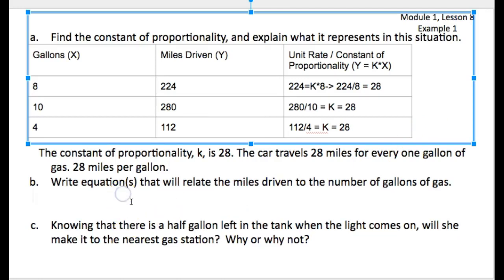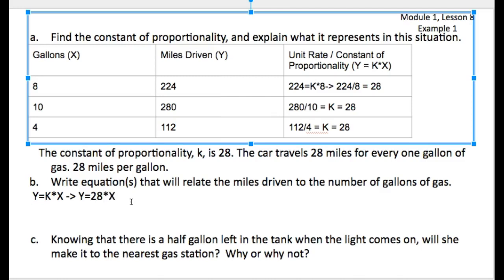So if we wanted to write an equation that will relate the miles driven to the number of gallons of gas, we have our constant of proportionality equation. So y equals k times x, where k is equal to 28, so y equals 28 times x.